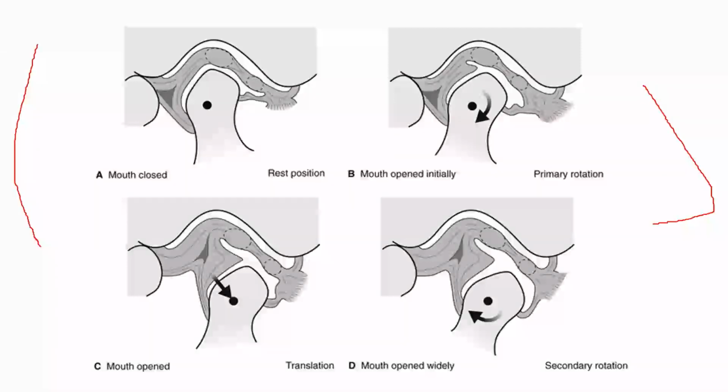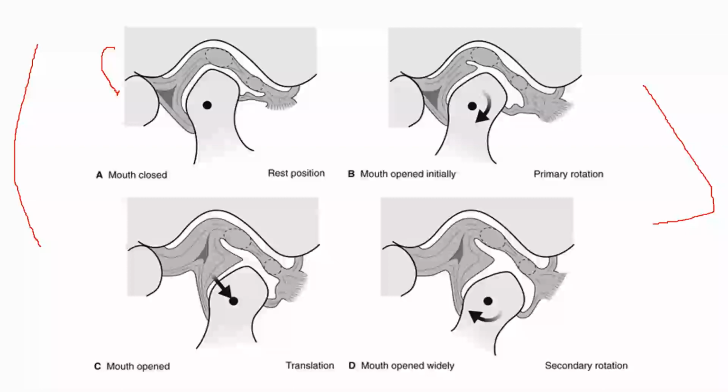The ear is located around here. In order for the mouth to open wide, we have these two movements, and we have a pattern: rotation, translation, rotation again.